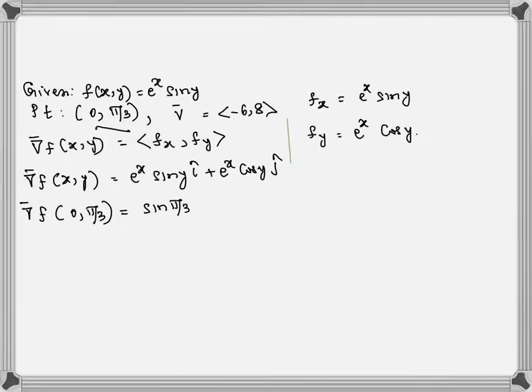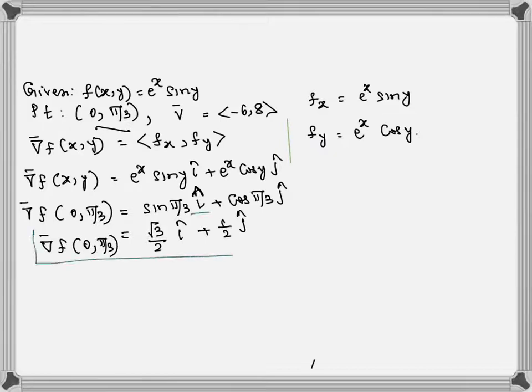If we do that, it is e^0, which is 1, times sin π/3 i, plus e^0, which is 1, times cos π/3 j, which is root 3 over 2 i plus 1/2 j. Now del f at (0, π/3) is this, root 3 over 2 i plus 1/2 j.